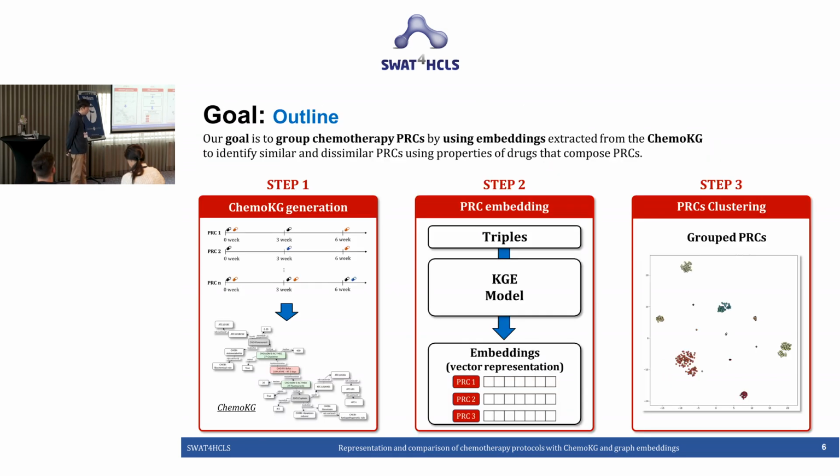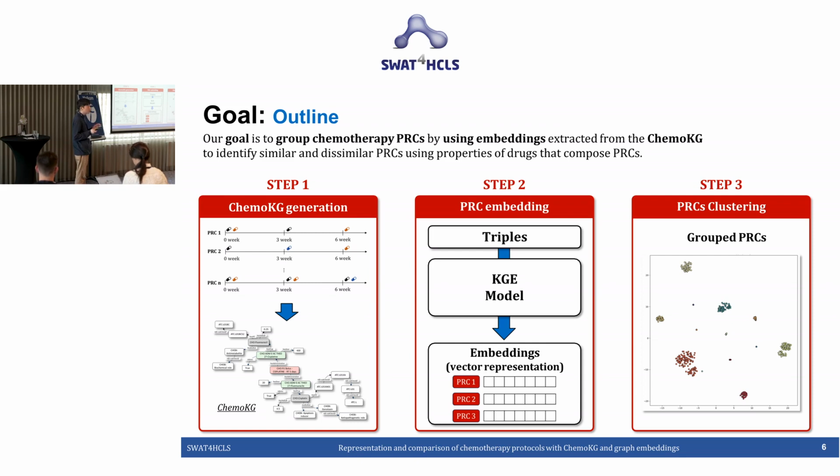So our final goal is to group chemotherapy protocols using knowledge graph embedding models, extracted from what we built called ChemoKG, to identify similar or dissimilar protocols using properties of the drugs that compose the protocols. Step 1, we start with constructing ChemoKG from the protocols.